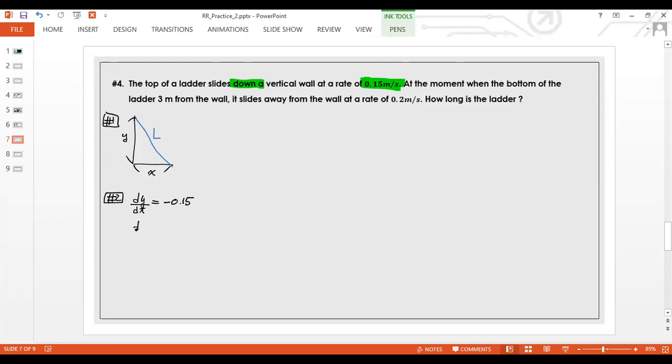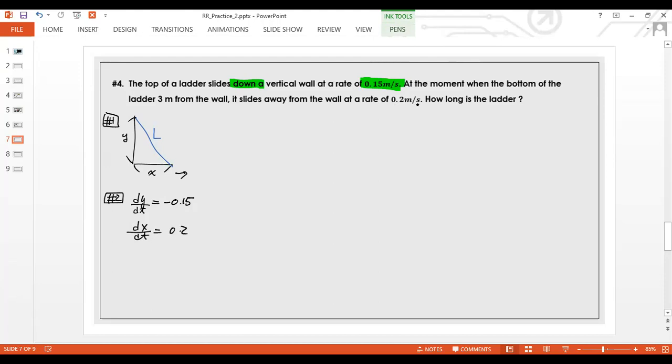And the dx/dt is sliding away, so it's sliding this way, it's getting bigger. So the x is getting bigger, right? So now I know the dx/dt is equal to 0.2.